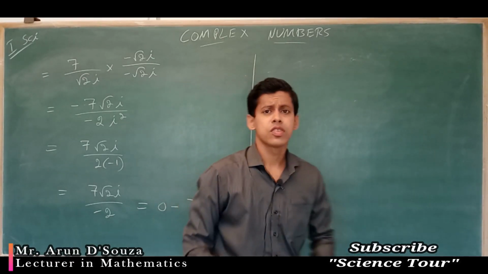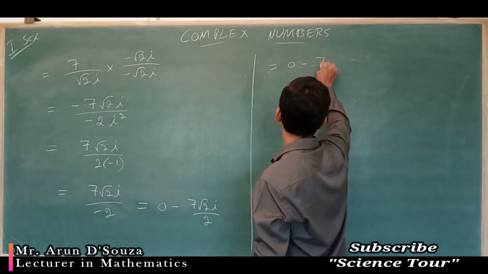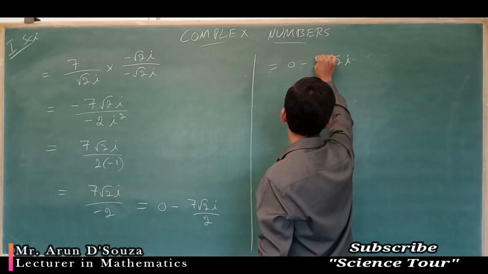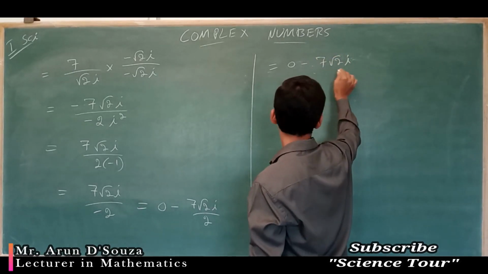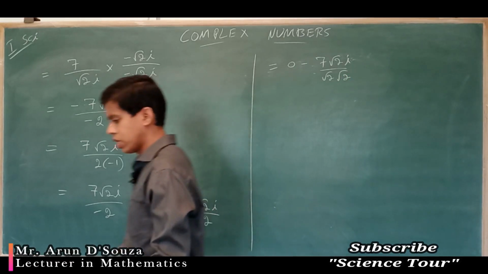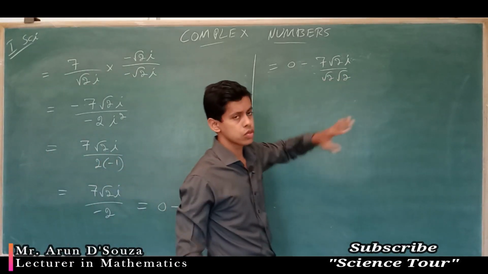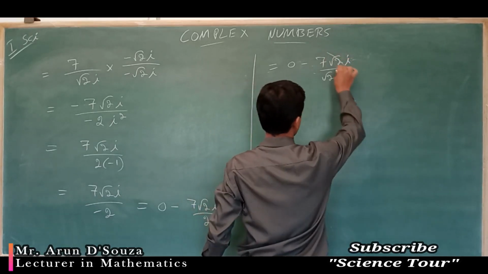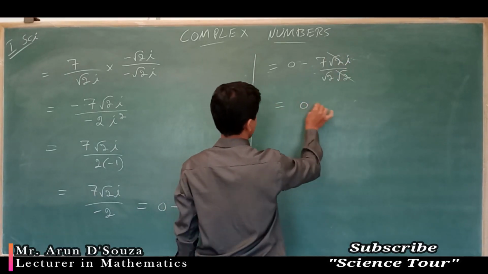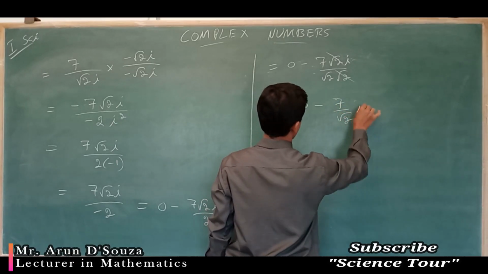Alright, this can be asked for 3 marks. Okay. So 0 minus 7 root 2i divided by root 2 into root 2. So that 2 can be written as root 2 into root 2, correct? Okay. So now 1 root 2 is cancelled. So 7 by root 2 i.